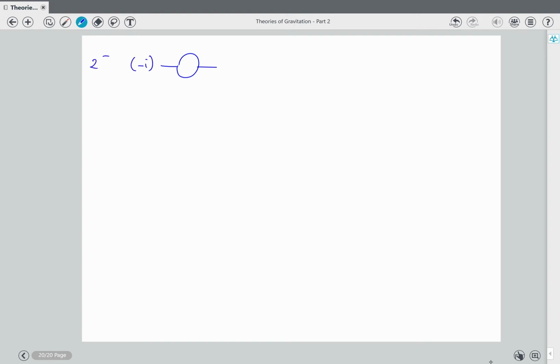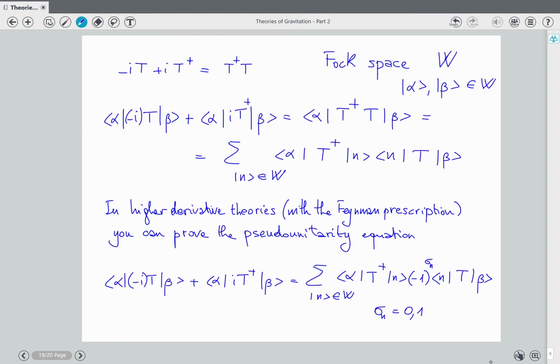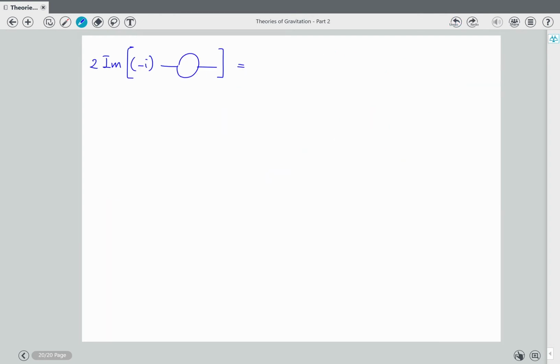where the optical theorem tells you that twice the imaginary part of minus i times the bubble diagram is given, basically, the identity tells you that it is T dagger T. That can be expressed diagrammatically in terms of what's known as a cut diagram, where you take the diagram and cut it in two.